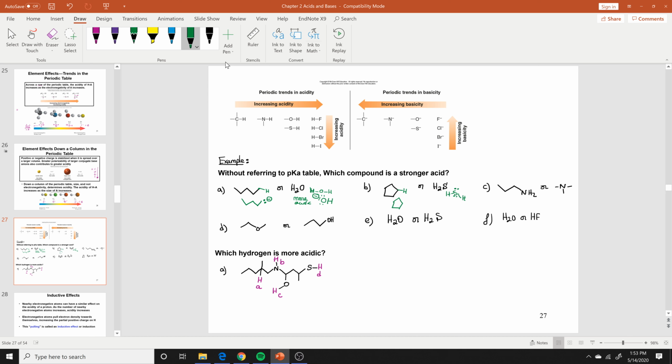So this is the conjugate base over here, you have a C with a negative charge. This is my conjugate base, which is the S with a negative charge. Which one basically is more electronegative? Sulfur is more electronegative. So in this case, this is going to be a more stable conjugate base. H2S is going to be more acidic.